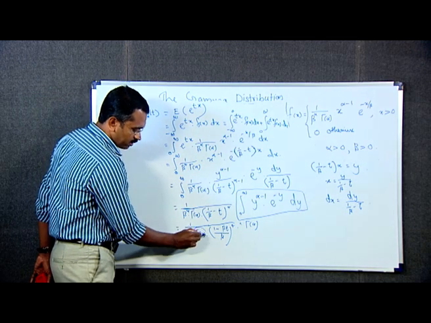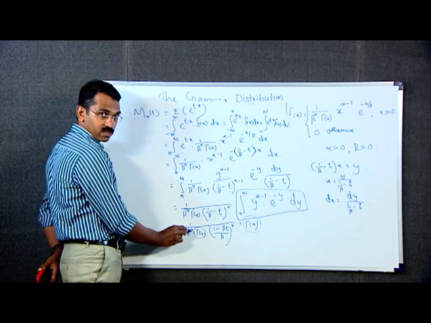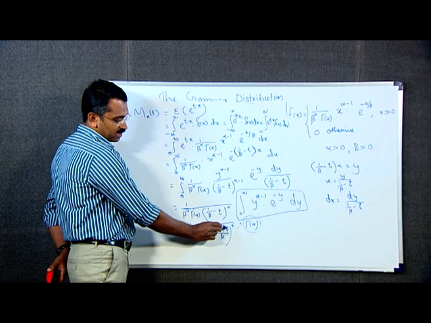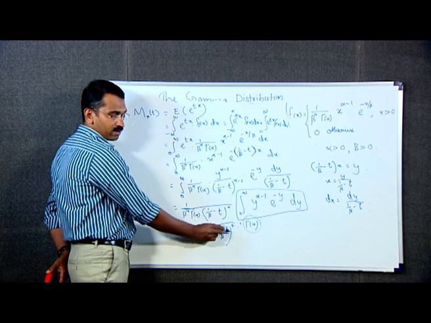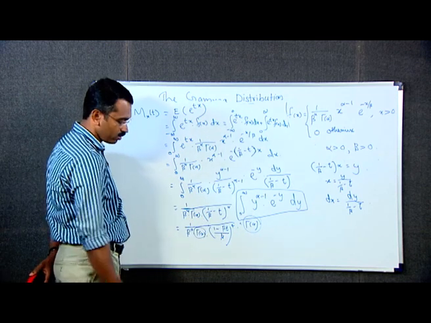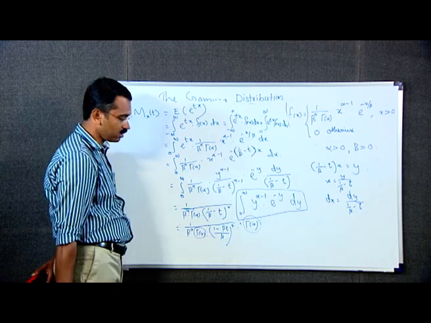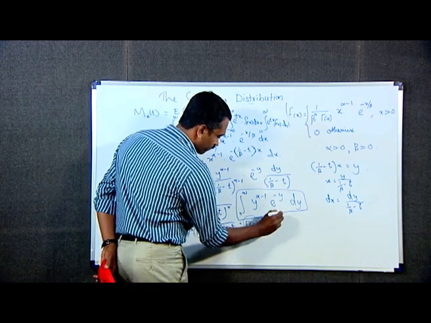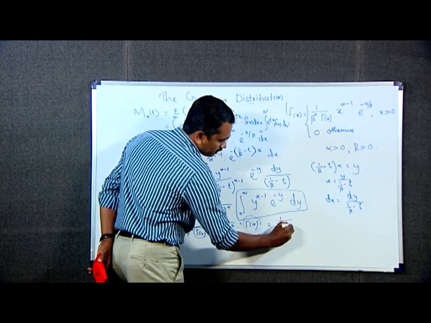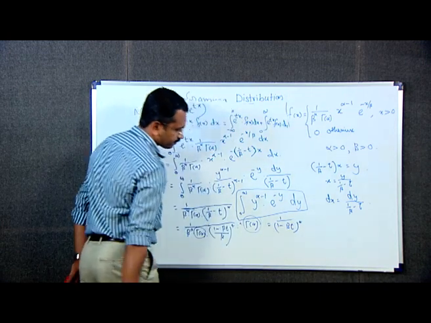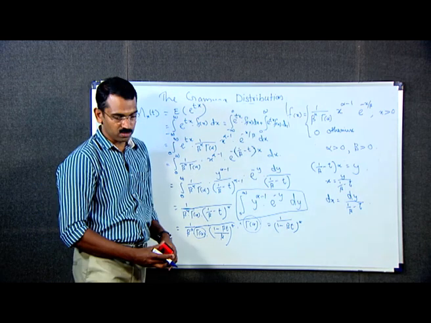Therefore, this gamma alpha and gamma alpha cancel. Here beta raised to alpha in the denominator, and (1 minus beta t divided by beta) all raised to alpha means (1 minus beta t) all raised to alpha divided by beta raised to alpha. Therefore, this beta raised to alpha and this beta raised to alpha cancel. This is equal to 1 by (1 minus beta t) all raised to alpha, which is the moment generating function of the gamma distribution.